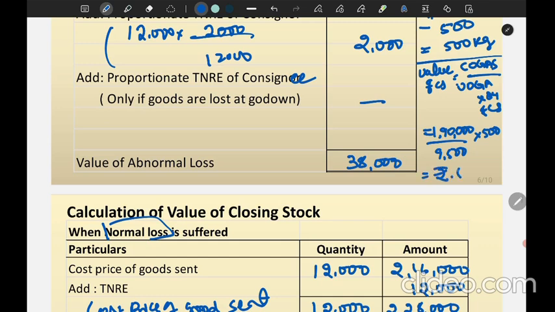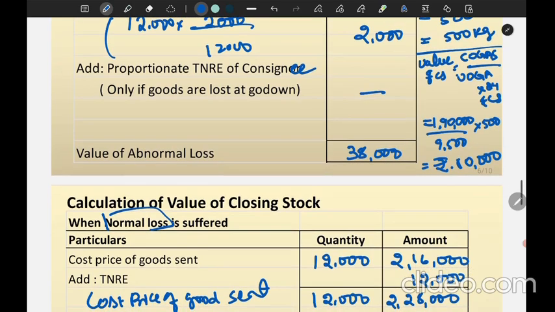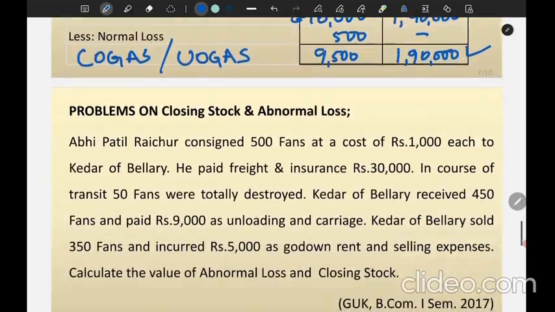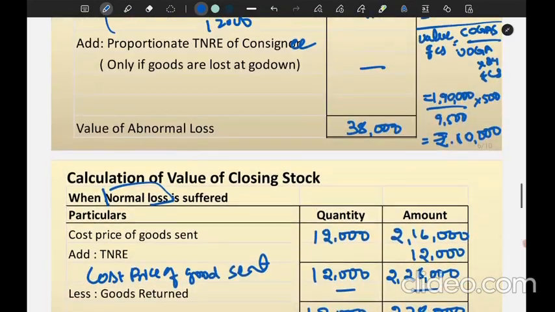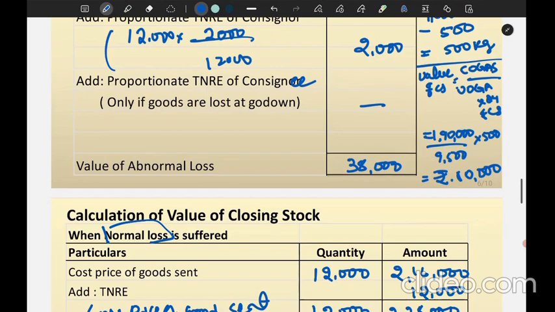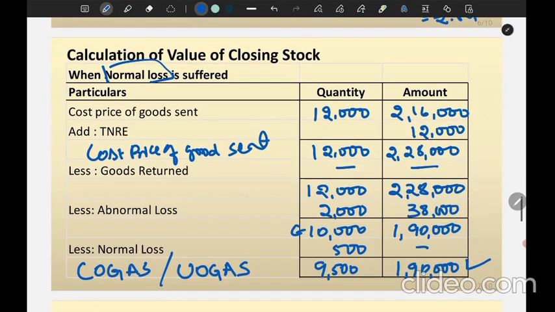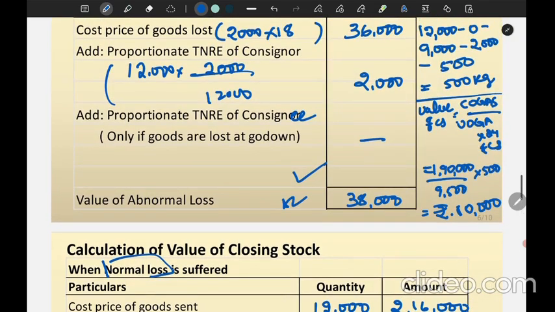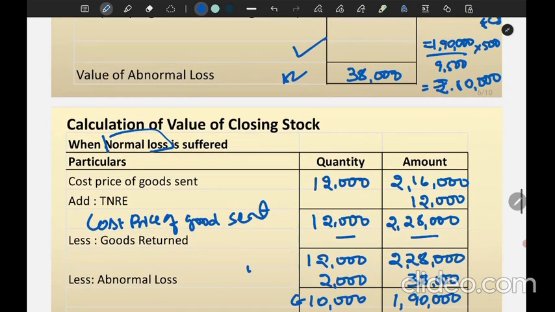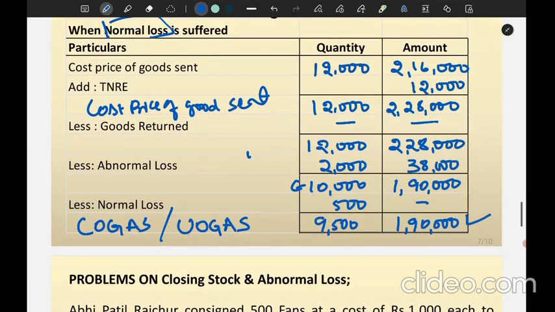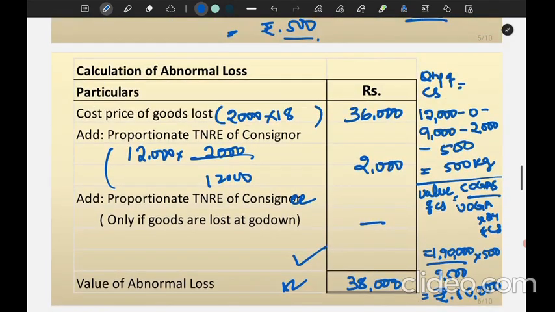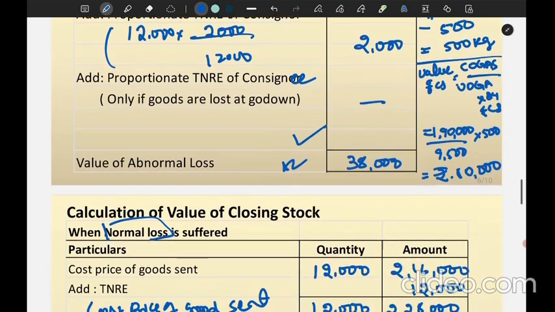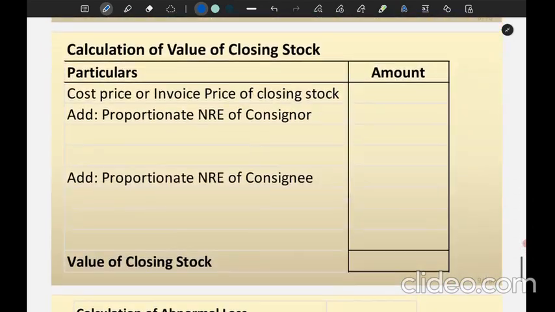That will be equal to rupees 10,000. Hope you have understood this. This is about closing stock. This is the amount for abnormal loss, and this is about closing stock. Actually the calculation you need to continue after this problem, but as I did not have space, I continued here. Okay, next.